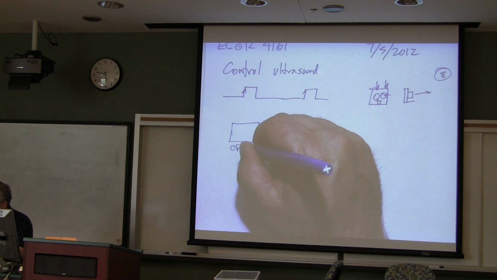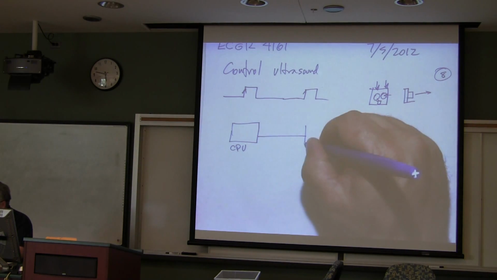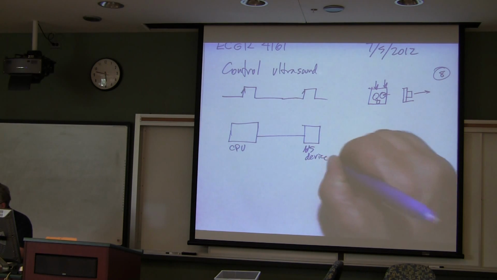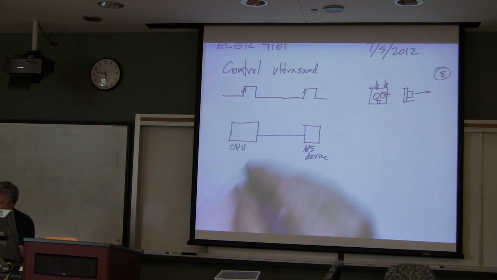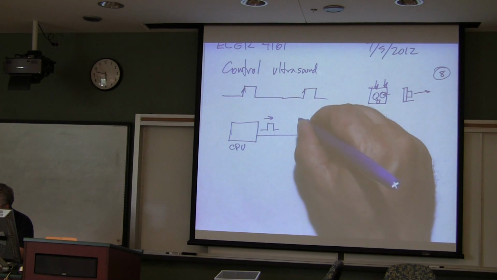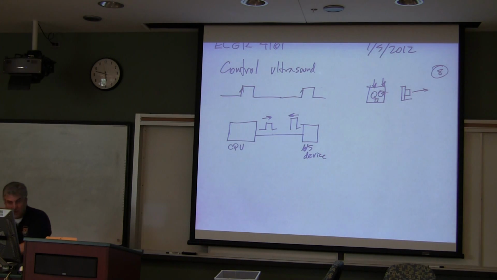You have some sort of CPU which is going to be connected to your ultrasound. Both of these are going to send pulses, so the voltage on those needs to be tied down.